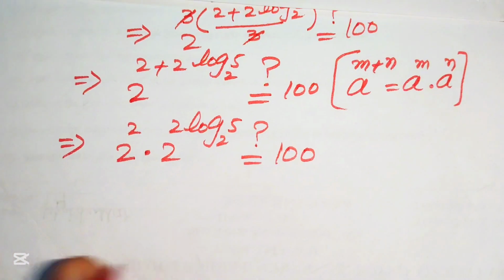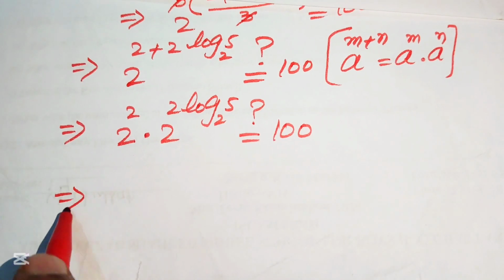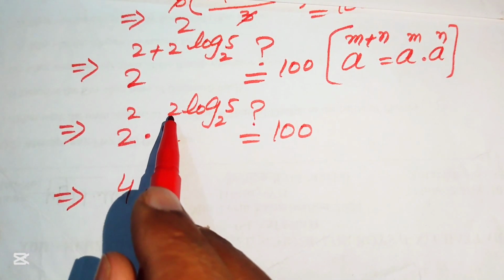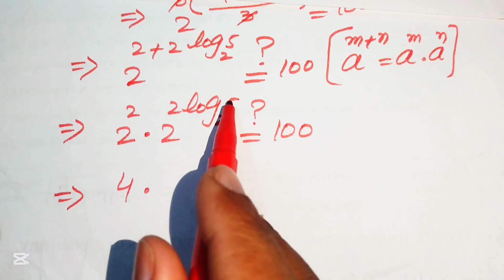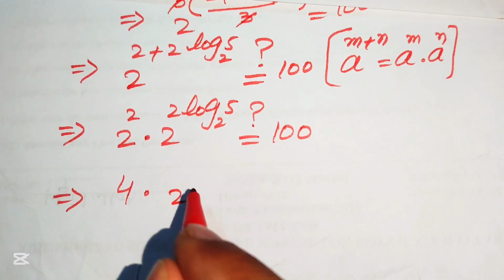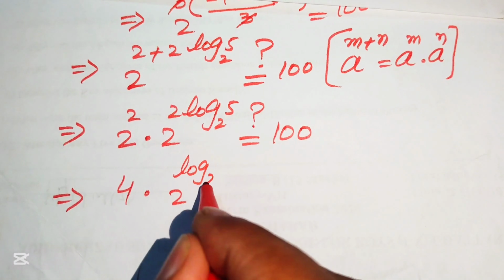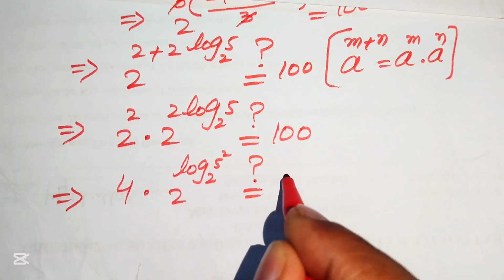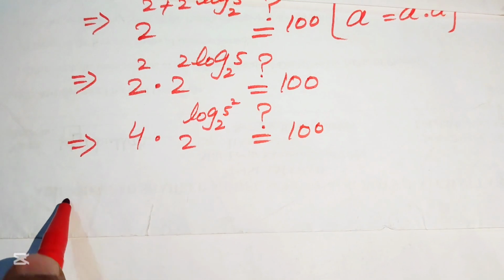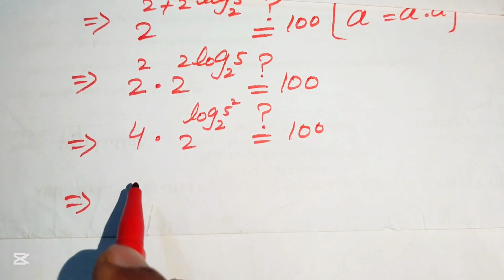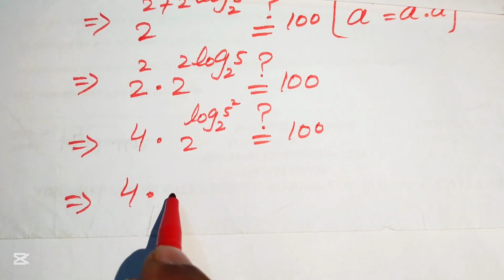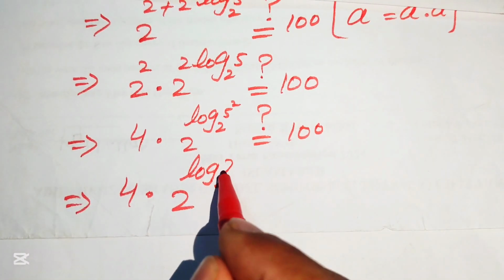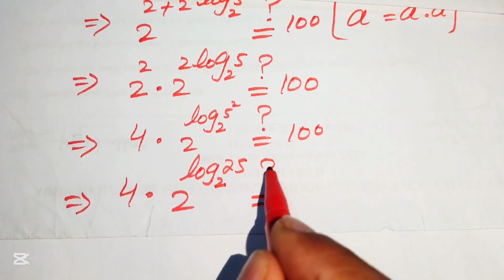Okay, so further you see here we have 2 squared equals 4 times, we move this 2 to the upside of this 5 and we write it as 2 to the exponent of log base 2 of 5 squared, and we check whether this equals 100 or not. Okay, so further we write this in a more simplified form as 4 times 2 to the power of log base 2 of 5 squared, which is 25, and we check whether this equals 100 or not.